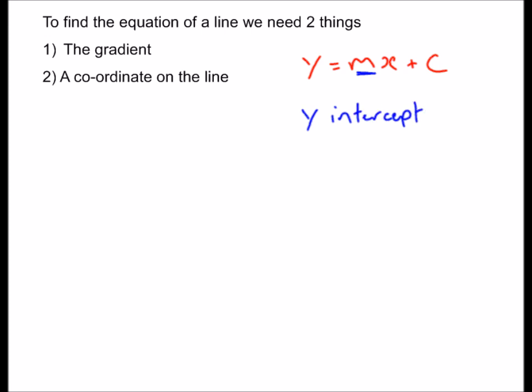And we know for the y-intercept, our x-coordinate is equal to 0, and our y-coordinate is equal to c. So I've got one coordinate, but for the form y equals mx plus c, it's got to be a really specific coordinate. Let's have a look at what happens if I don't have those 2 pieces of information.